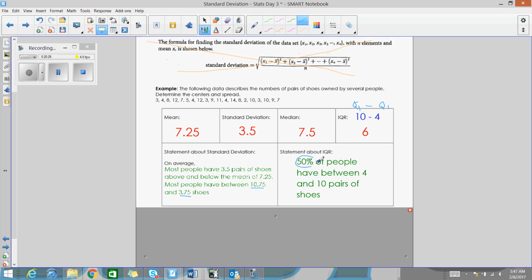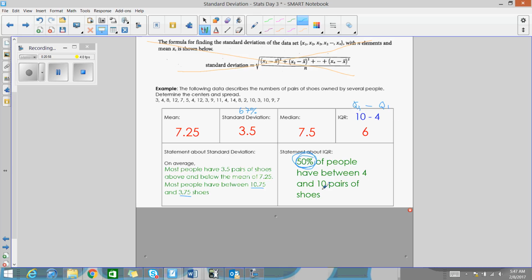Actually, your standard deviation covers more than 50%. Standard deviation is almost like 67%. And you're like, how did you come up with that? I'll explain when I come back. But your standard deviation covers more than the IQR.